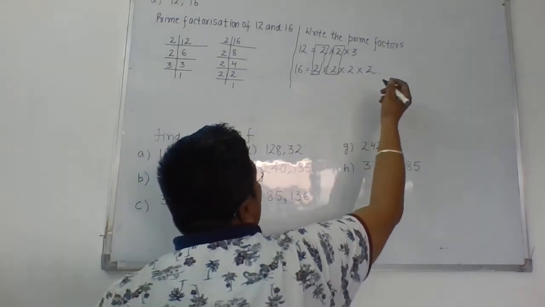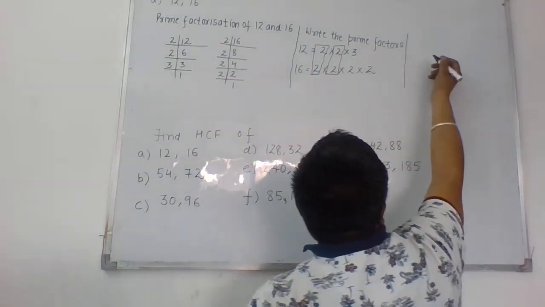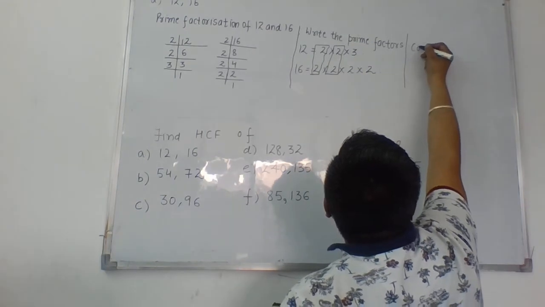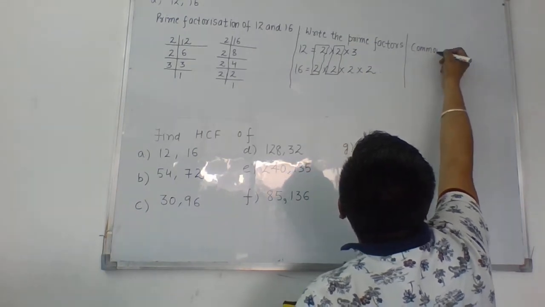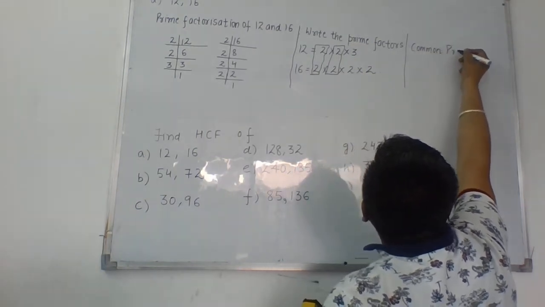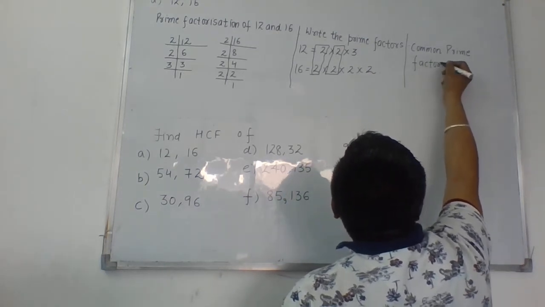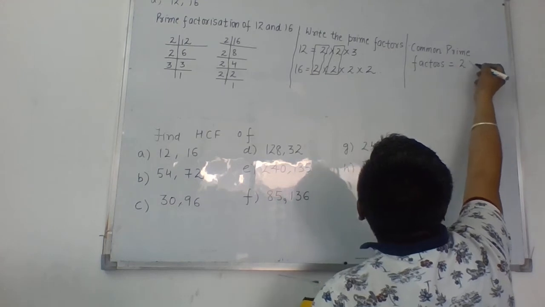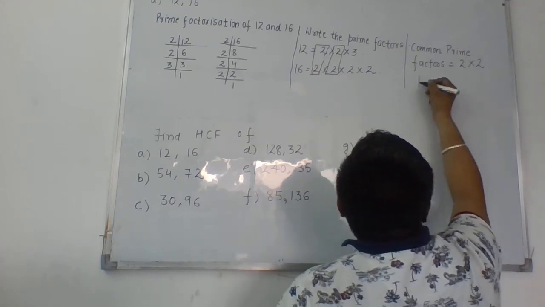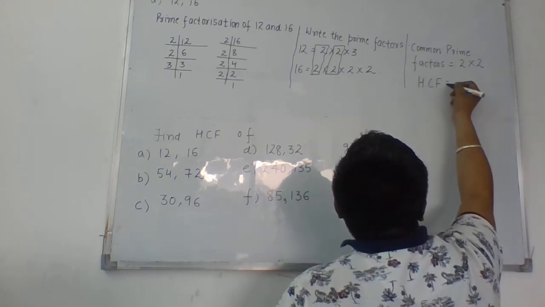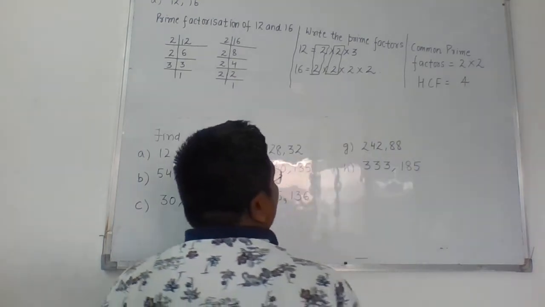So common prime factors are 2 and 2. So multiply these prime factors, your HCF is 4.